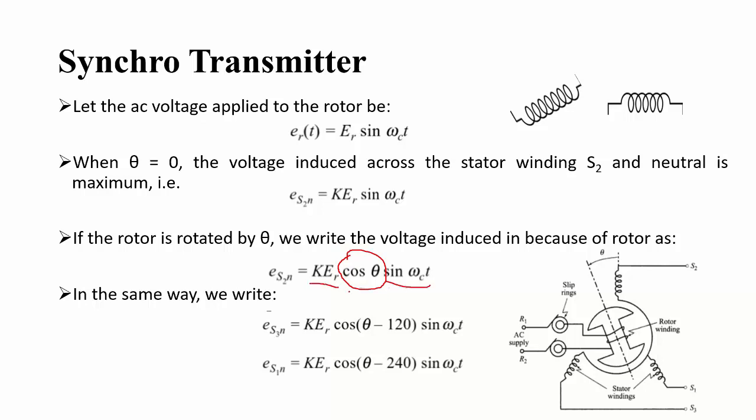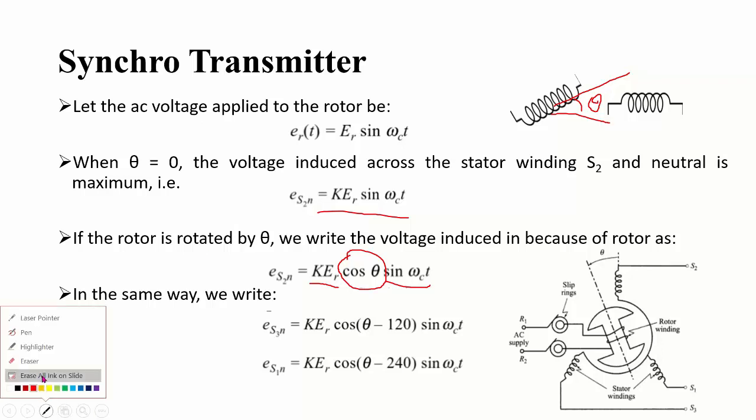So K ER sin omega ct comes from this, while the extra expression of cos theta comes additional to this expression, because now the rotor has been oriented by an angle theta. So this angle is theta, and this theta will cause the voltage induced at the secondary to be different from what it was previously.